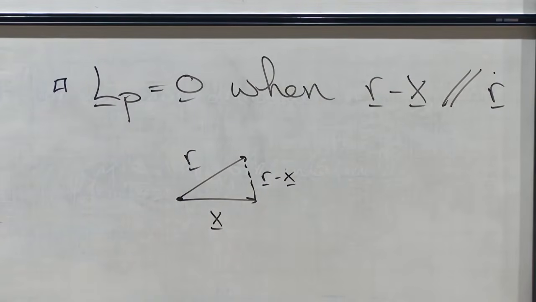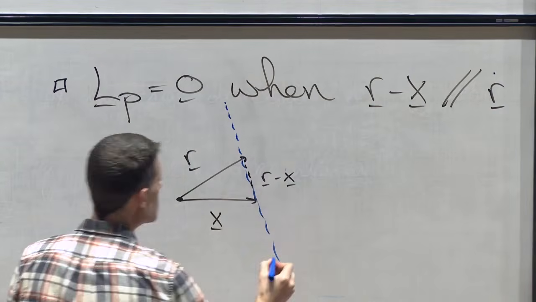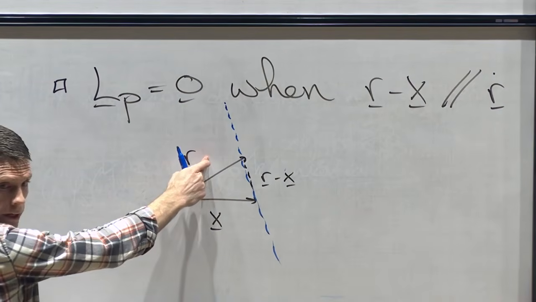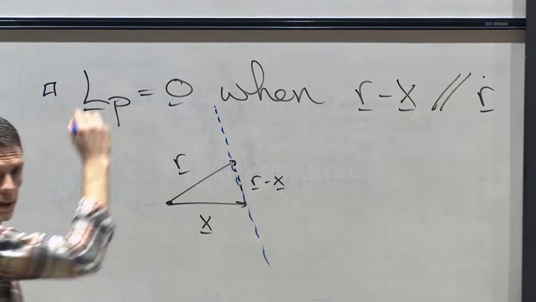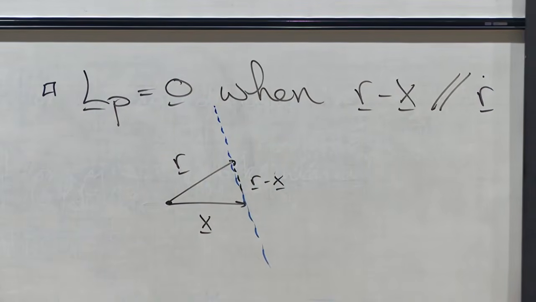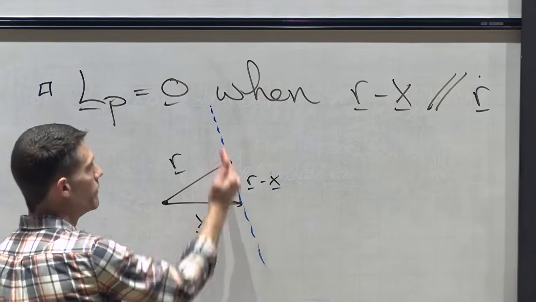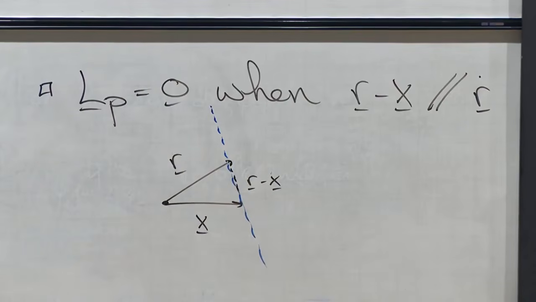If I extend that to an entire line, then we're saying if the particle is moving at that moment, when it's at that point r, with a velocity in that direction, then L_P is 0. And why are we saying that? Well, in that sense, there is no rotation. The particle is not in any way rotating about x. It's sort of moving directly away from x or moving directly towards x. There's no rotation about x. Okay.